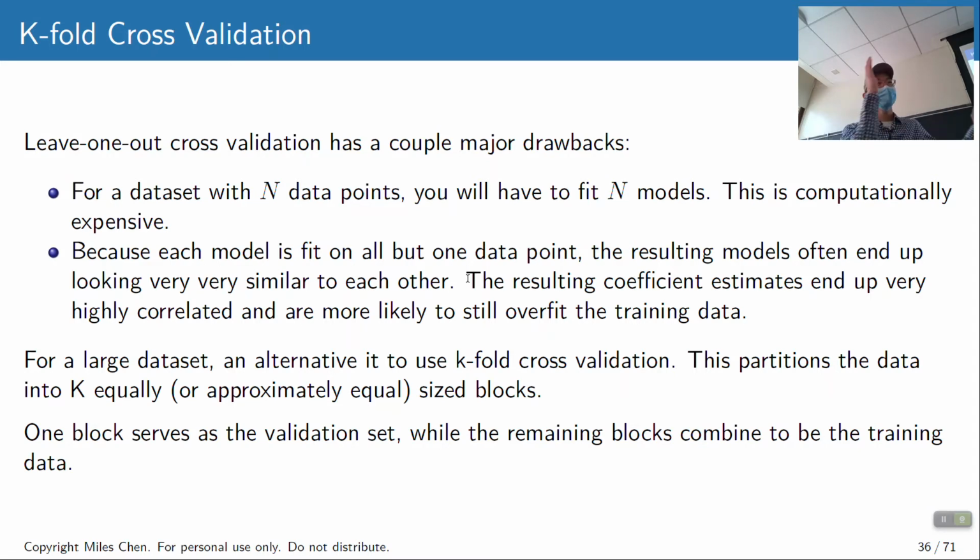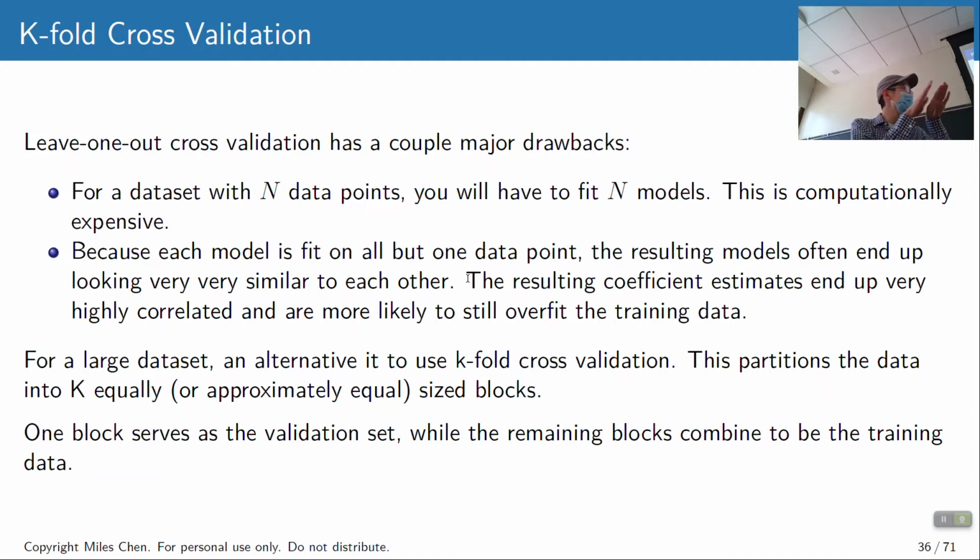If you look at one model that was fit to 99,999 points, and another model that was fit to pretty much 99,999 points, you basically have 99,998 points of overlap, and there's really only one point that's different.